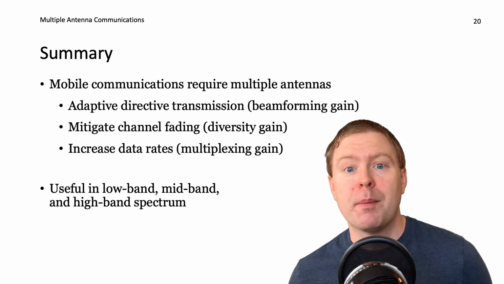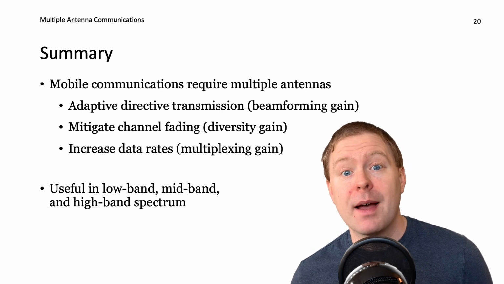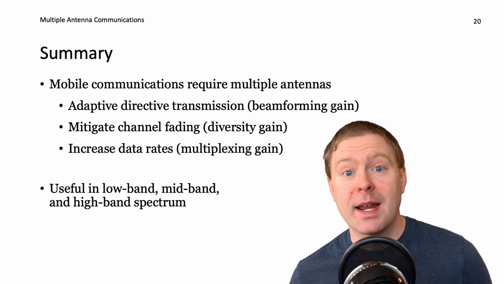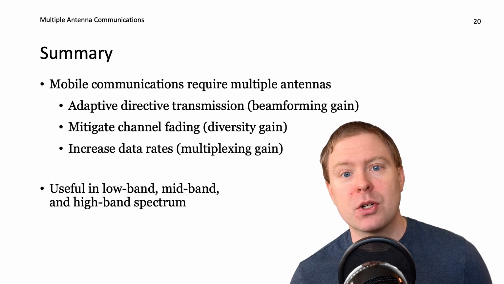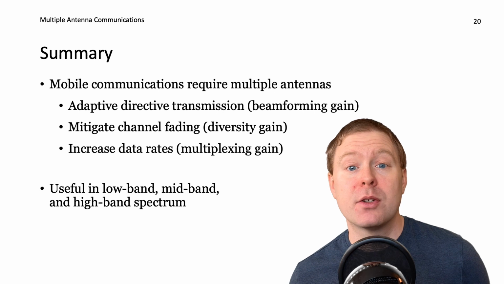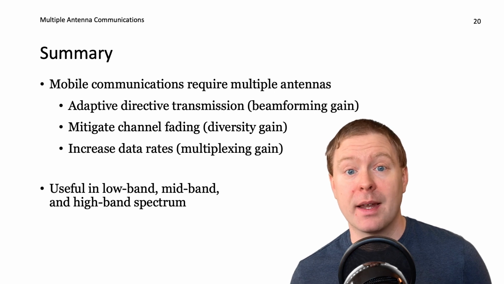We can also combat fading, so the randomness in the channels, by having diversity. We are observing different random realizations of the channels at different antennas. Finally, we can also get a multiplexing gain where we can transmit directive transmissions to multiple users at the same time, or we can send multiple streams to the same user. And this is something we can do both in the low band, in the mid band, and the high band.